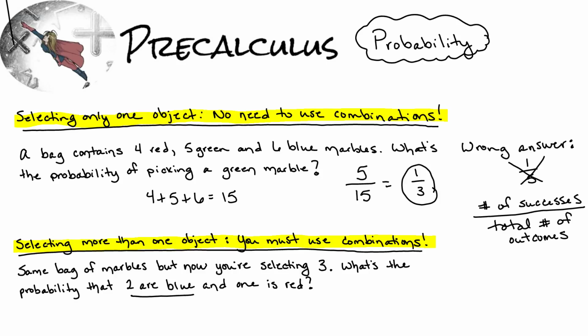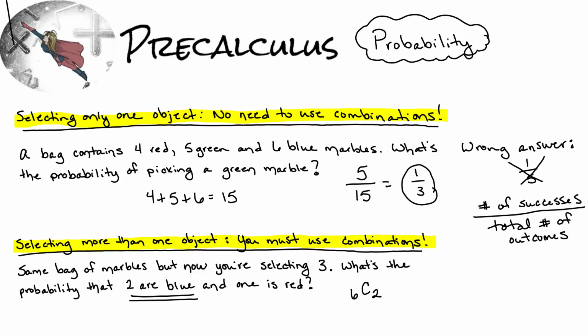So for the 2 are blue portion, there are 6 blue marbles, and we want to choose 2 of them. 6C2. C actually stands for combination, but kind of a little slang that you can use to have it make more sense to you is choose.